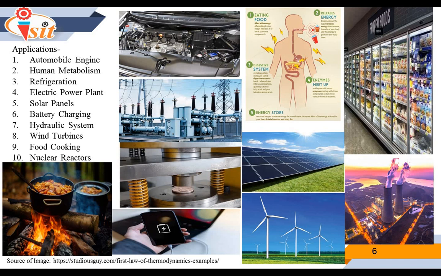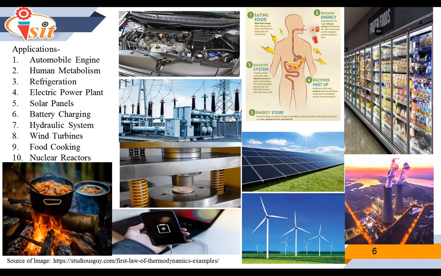This mechanical energy is ultimately transferred into kinetic energy, which is energy of motion, and that propels the car forward and allows it to move. While the conversion of chemical energy into kinetic energy is the primary goal, not all the energy is effectively converted. Some of the energy is lost as heat due to the inherent inefficiencies of the engine. So this is one example of the first law of thermodynamics.